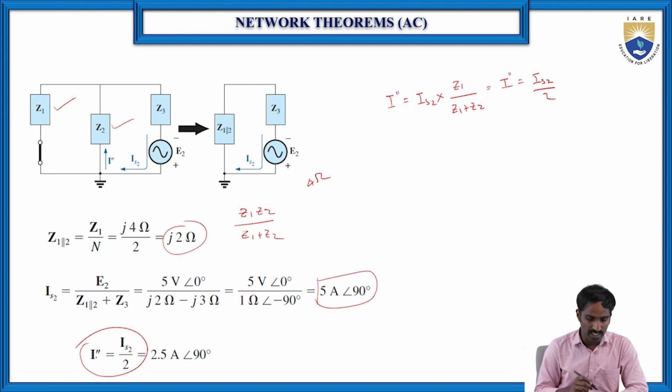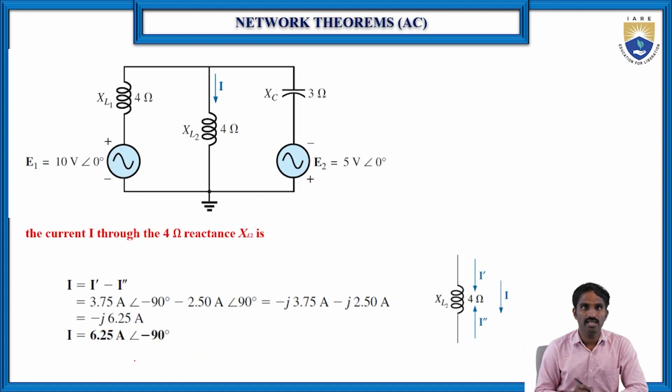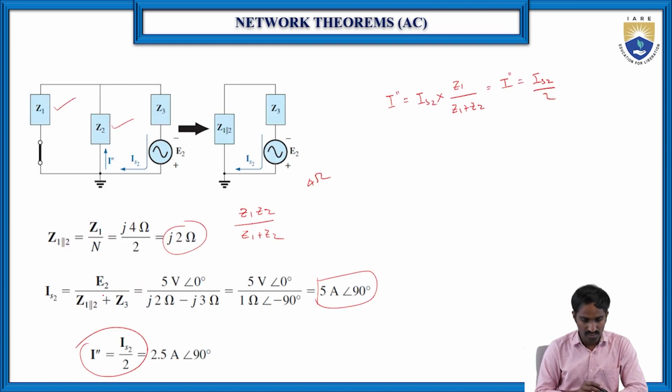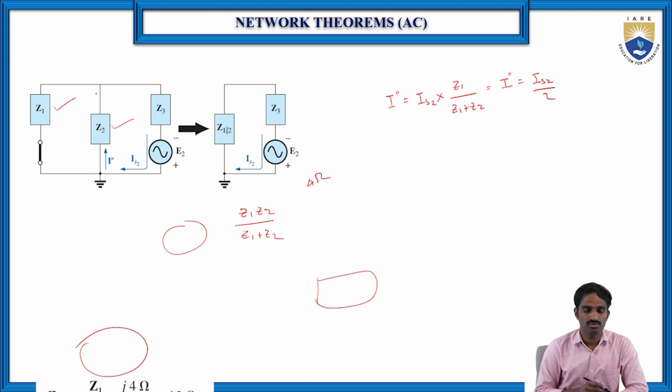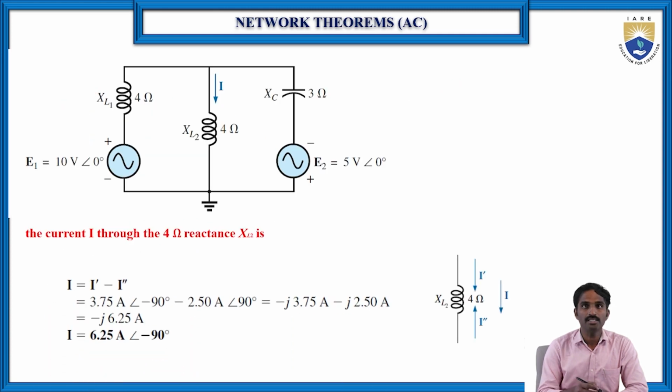So now we have calculated I dash and I double dash. To find the total current I, we need to add them. But as you can see the direction of I dash and I double dash: I dash is in this direction, let us consider A to B, but I double dash is B to A. So if we take the reference current direction the same as the I dash direction, I dash has the positive sign, but the I double dash direction is opposite to the reference current direction, so we have to place minus I double dash.